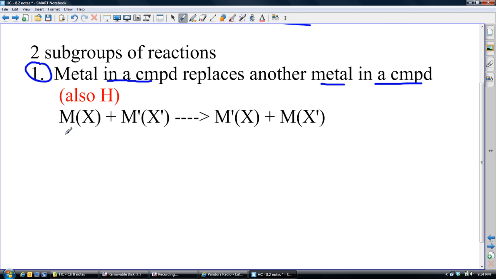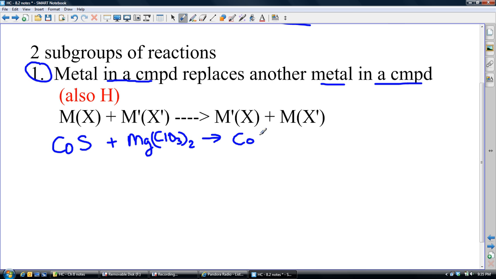So let's pick, let's see, cobalt, and we'll say cobalt sulfide. Okay, in this case it's cobalt 2. Reacts with magnesium chlorate. So, simple rule, metals trade places.